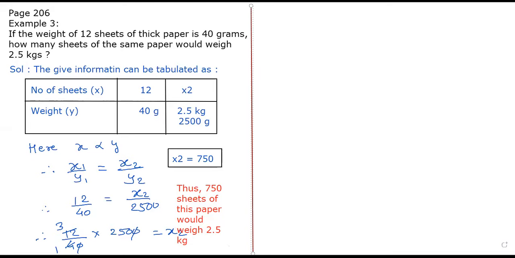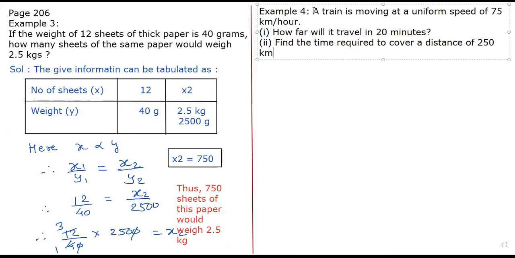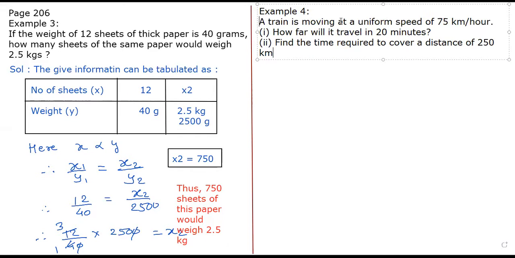Next. Example number 4. A train is moving at a uniform speed. Uniform speed means what, children? Constant speed.